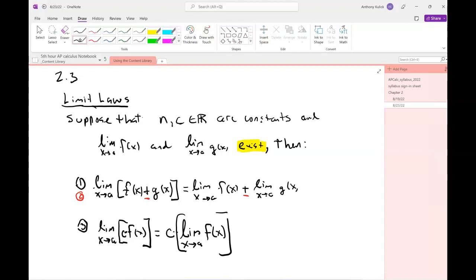Since there's no x involved with c, it's just a constant, you can move it outside of the limit. That's c times f of x.